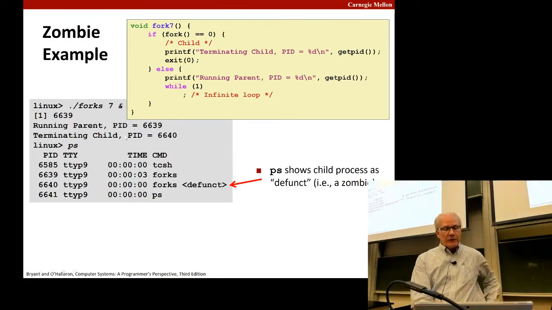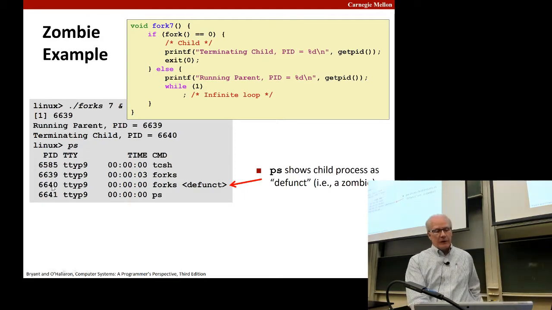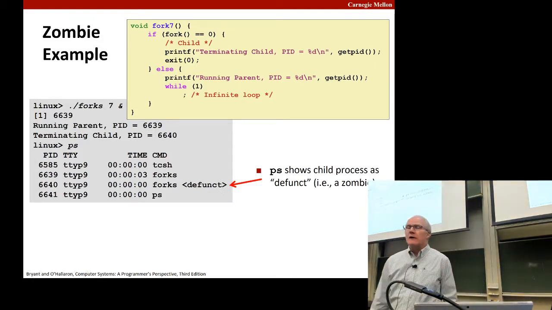And you'll also see that the program said, by the way, the child has process ID 6640. So here we see two processes, 6639, which is the parent, and 6640, which is the child. And here the notation that it's defunct is an indication this is a zombie process. It's terminated, but its resources haven't been reclaimed yet. It's not yet been reaped.